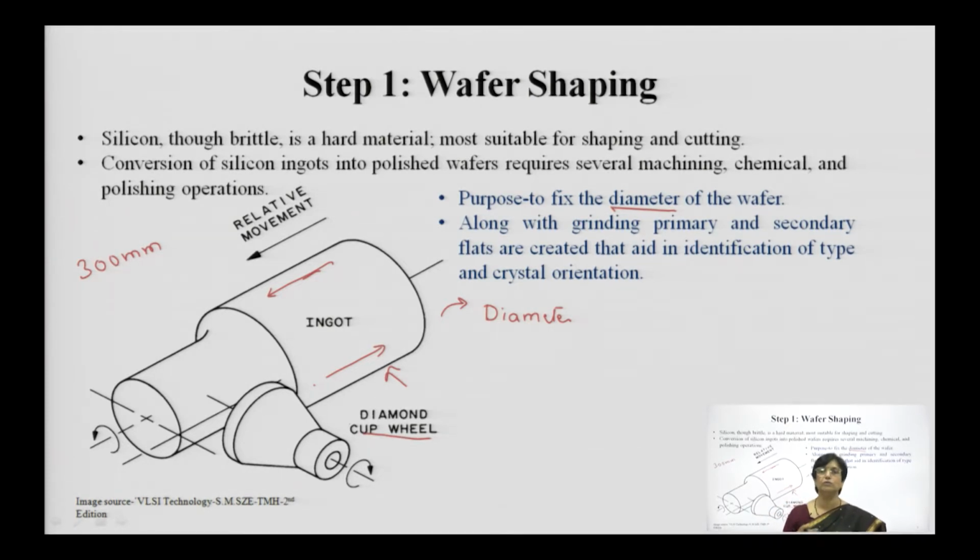Similarly, here you have the demarcation, or primary and secondary flats, made on the wafer so that by visual inspection you can find out whether the wafer is N type or P type and what its crystal orientation is. We will see that in the last slide.